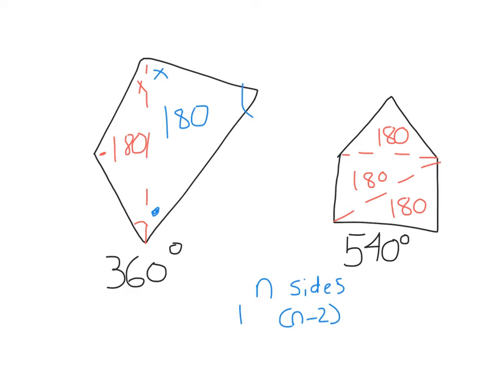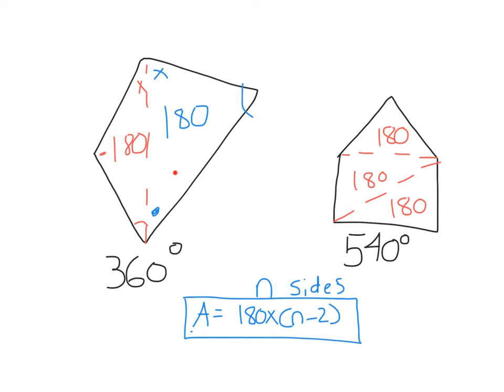All I have to do is times that by 180, because each of those triangles has angle sum 180. So this is the formula for the angle sum of a polygon with n sides: 180 times n minus 2, this being the number of triangles you can divide it into, and 180 because each of those triangles adds to 180.